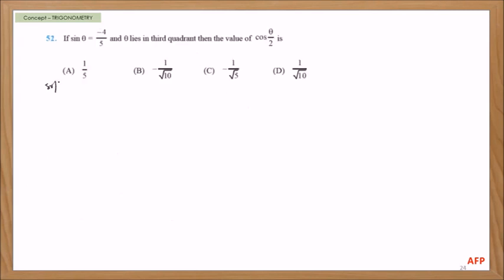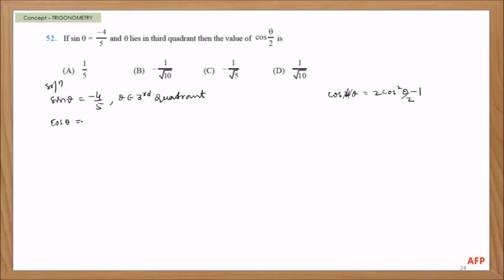The solution for this: sin theta is equal to minus 4 by 5, theta in the third quadrant. Okay, cos formulas we are having. So cos 2 theta is equal to 2 times cos square theta minus 1. So cos theta you have to find from here.